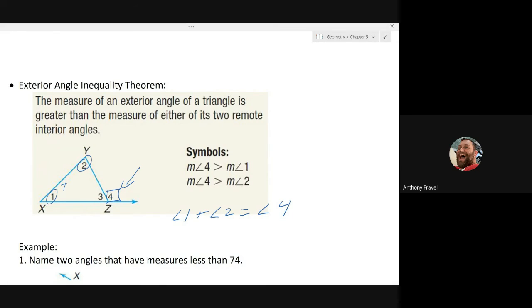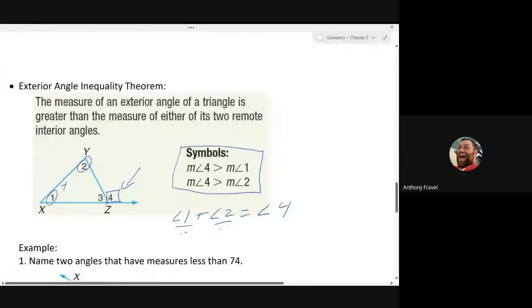What this theorem is saying is that because those two angles have to add together to equal angle 4, there's no possible way that angle 1 could ever be bigger than angle 4. Angle 2 could never be bigger than angle 4. So no matter what, they have to be smaller than that exterior angle.